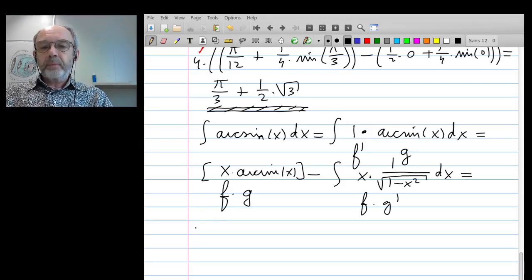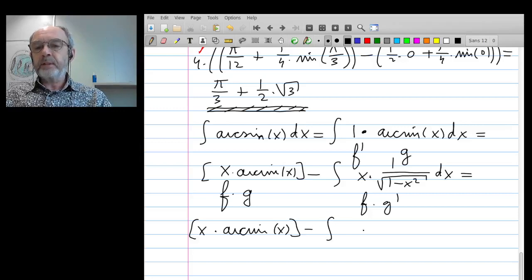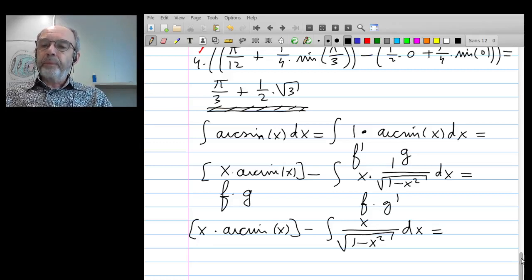So we have between the brackets x times the arc sine of x, and we have minus the integral of x divided by the square root of 1 minus x squared dx.